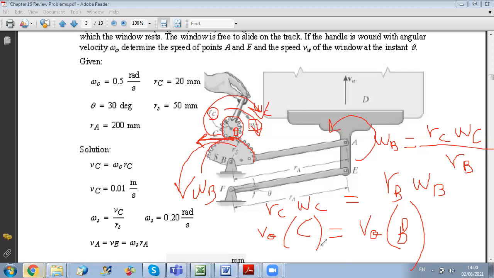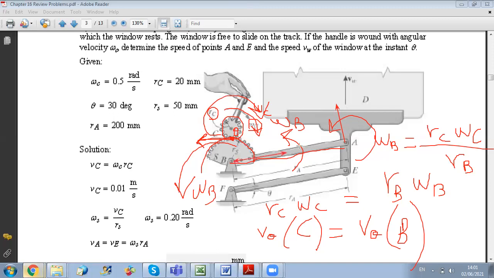Next step, our purpose is to find the velocity of the window that moves it up and down. We have this rod, which is connected to gear B, so it rotates with gear B at the same angular velocity omega B. We have already calculated the angular velocity of B, so we can deduce what velocity is given to point A. Pay attention: the velocity at A is perpendicular to the radius, and the radius is AB.